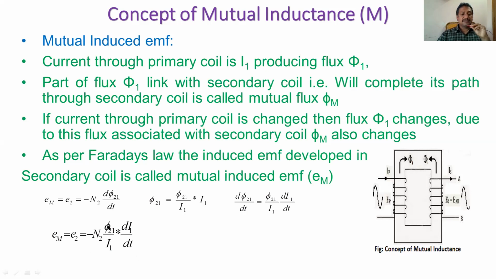So here N2 into φm divided by I1: the current is on the primary side, the number of turns on the secondary side, and the flux is the mutual flux. So this total constant term is called mutual inductance. Due to this mutual inductance, the EMF developed on the secondary coil is called mutually induced EMF.